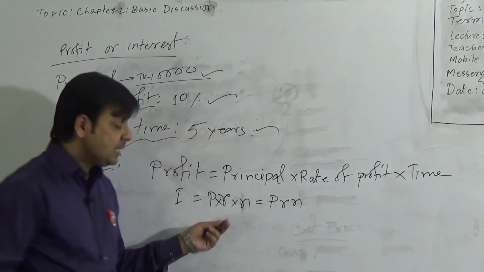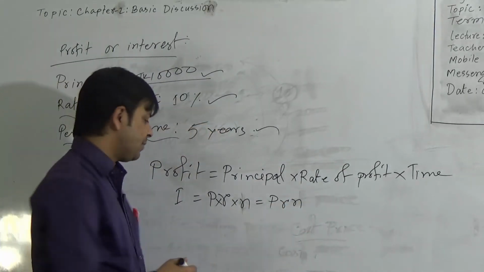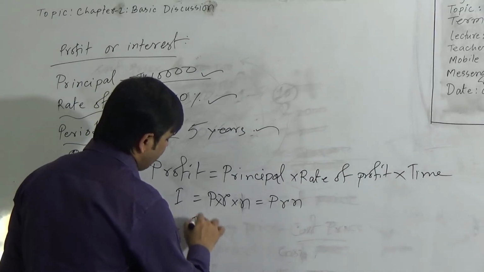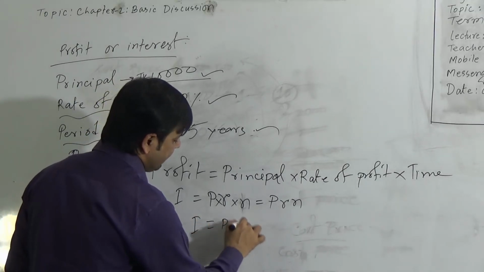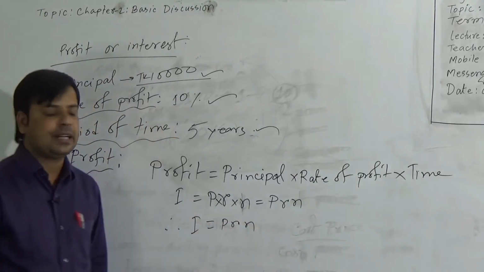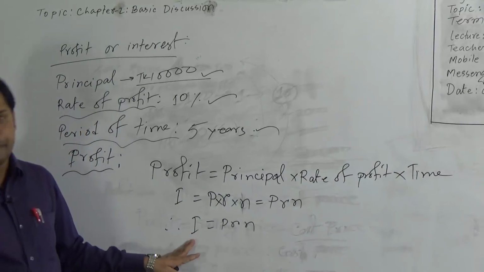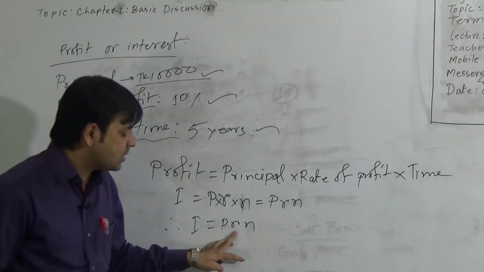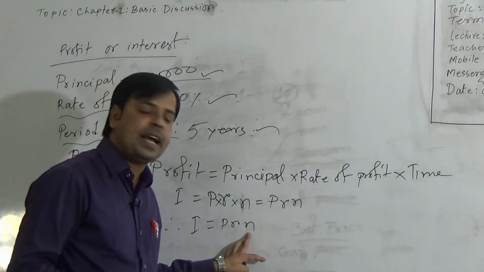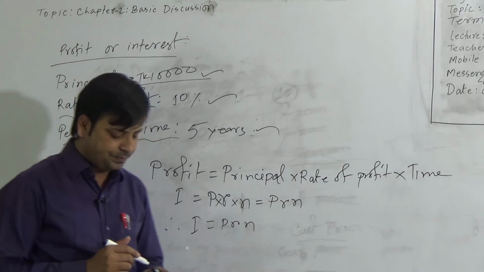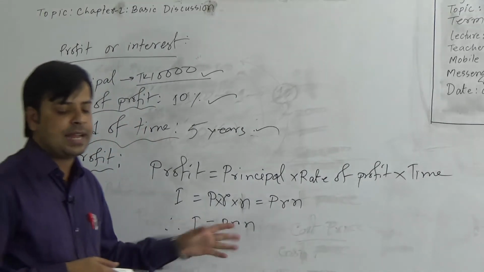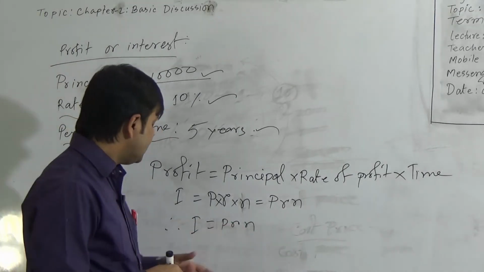This is the formula for determining profit. Here I means profit, P means principal, R means rate of profit, and N means time.